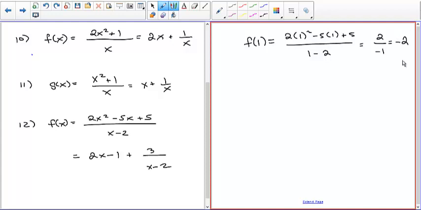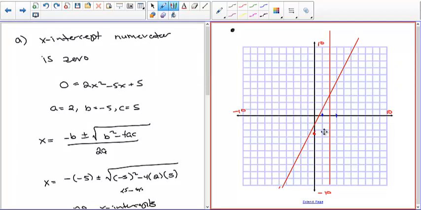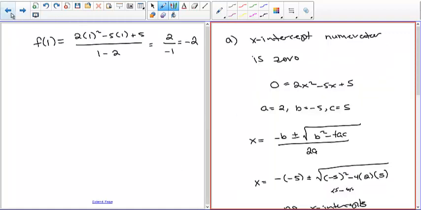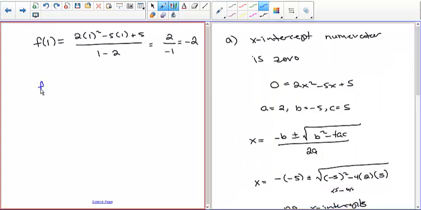So let's see if that makes any sense. So that was f of 1, and we said that ended up being negative 2. So let's plot that. And then we're going to do 3. So f of 3 is 2 times 3 squared minus 5 times 3 plus 5 divided by 3 minus 2.